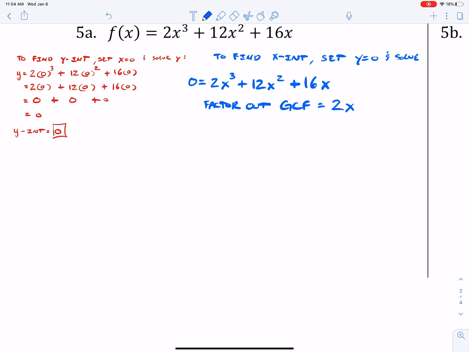polynomial. So what we have here is 0 equals my greatest common factor, 2x, and when I take that out, what I'm left with is x squared plus 6x plus 8.